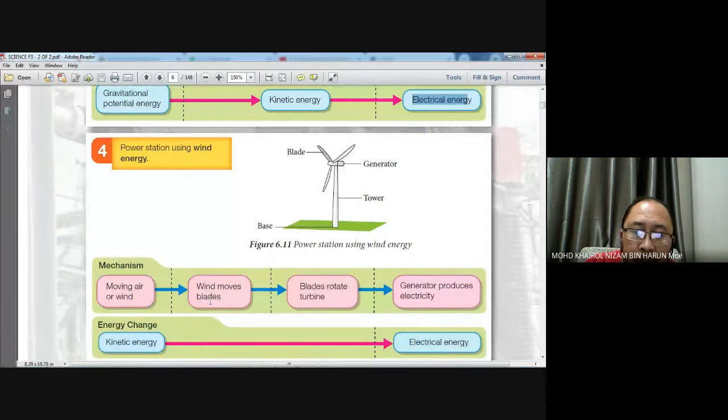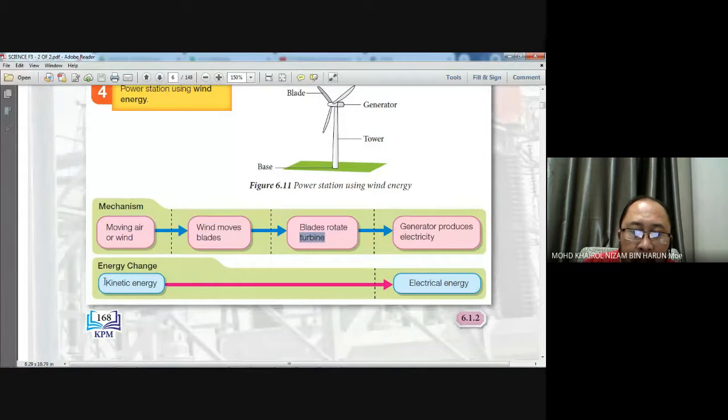Next, power station that uses wind energy. Same thing, the mechanism: moving air moves the blade, and the blade rotates the turbine and produces electricity. The energy change here is kinetic energy to electrical energy.